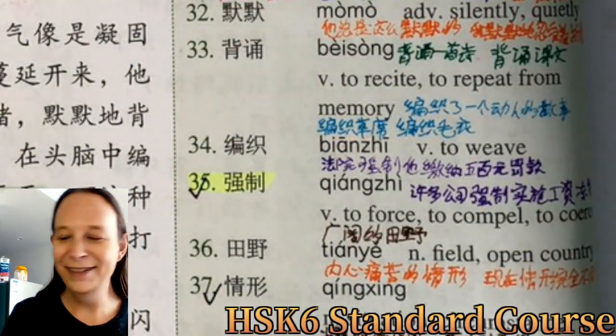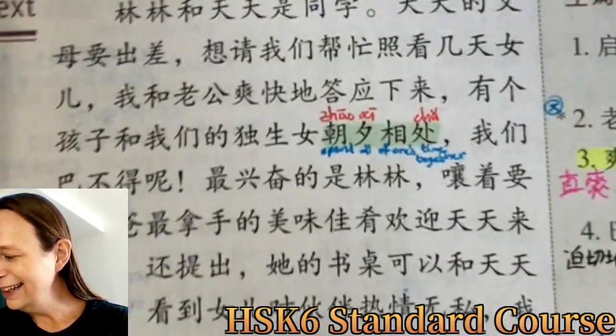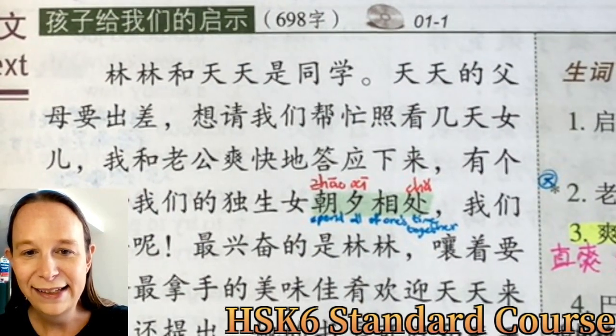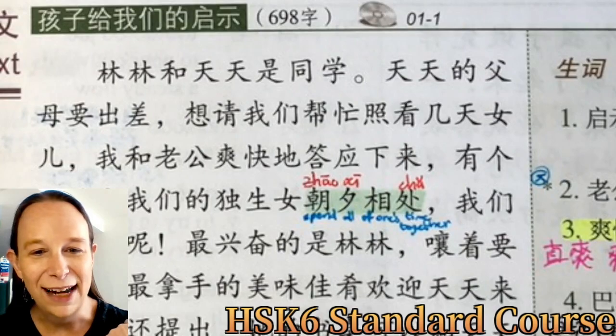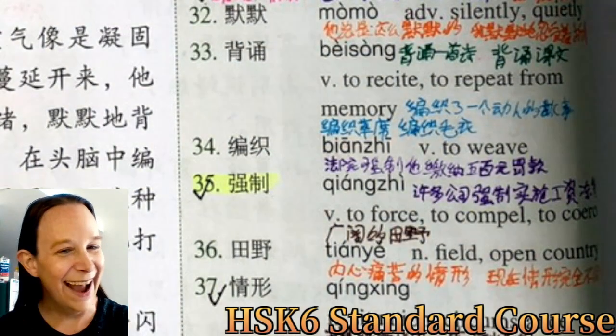That's the first one from here. I can almost recite it. 林林和甜甜是同学，甜甜的父母要出差，想请我们帮忙照看几天女儿。我和老公爽快地答应下来。Yeah, I was close, wasn't I?